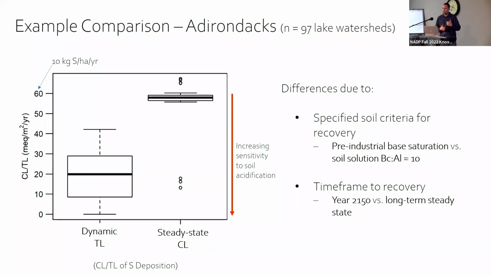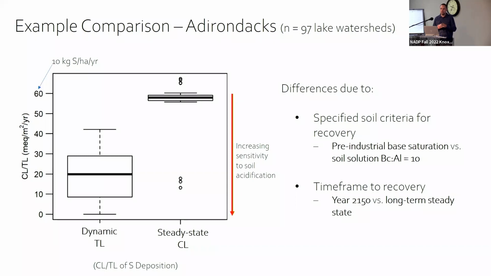In this case, we use 2150, about 130 years from now. Whereas the steady state model was done to attain a soil solution base cation to aluminum ratio of 10 under a long-term steady state condition, with no specified point in time for recovery.